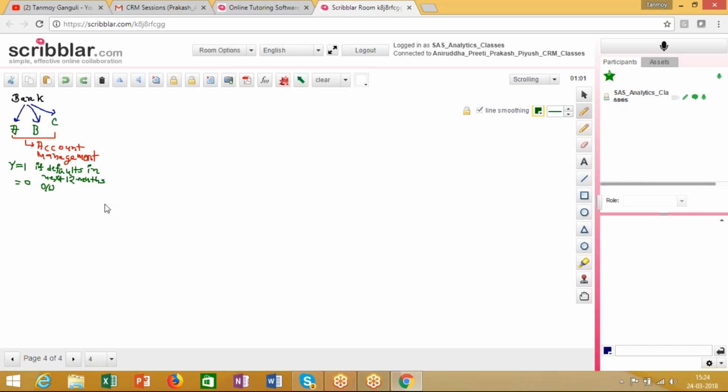Suppose A, B and C are all standing today, as on 24th March. I have my own PD model, and I run it on all these three borrowers.